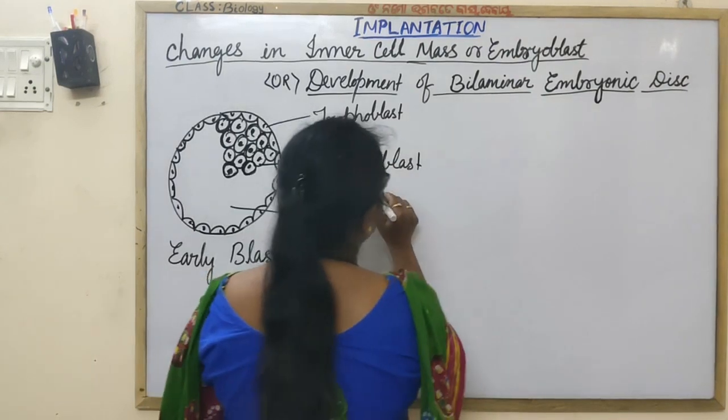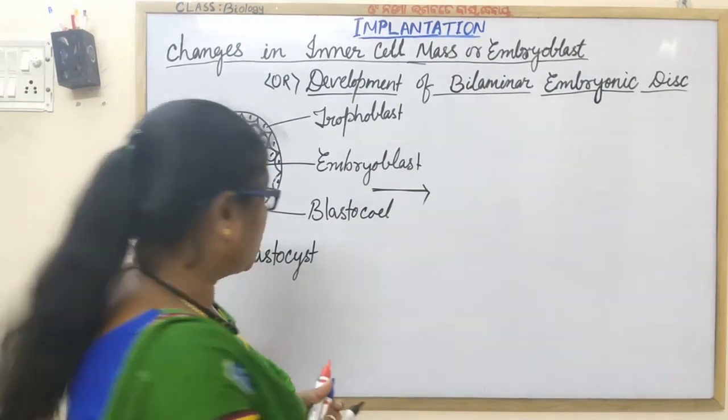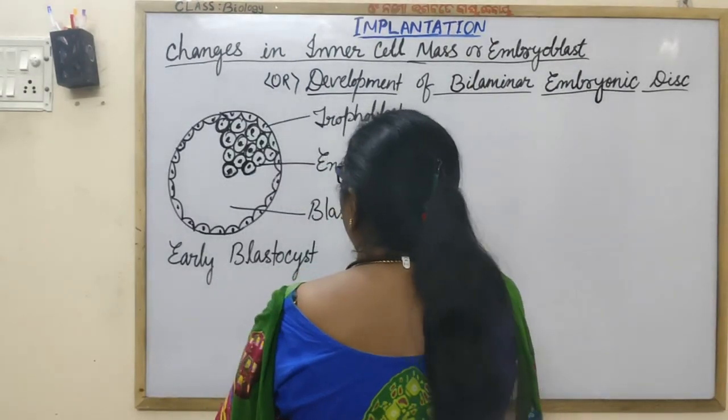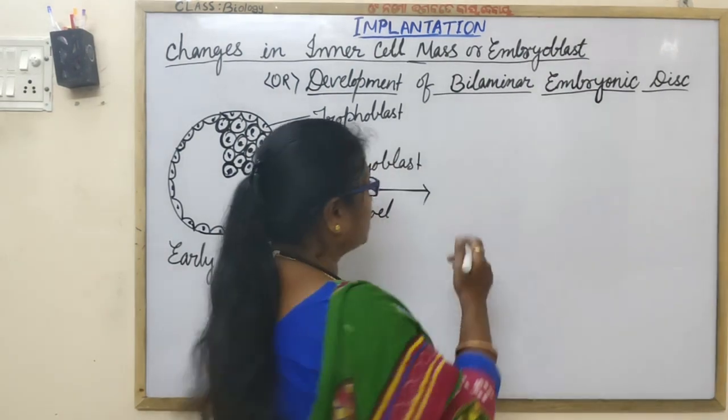Then what changes occur in the late blastocyst? What changes occur in the inner cell mass of the late blastocyst?